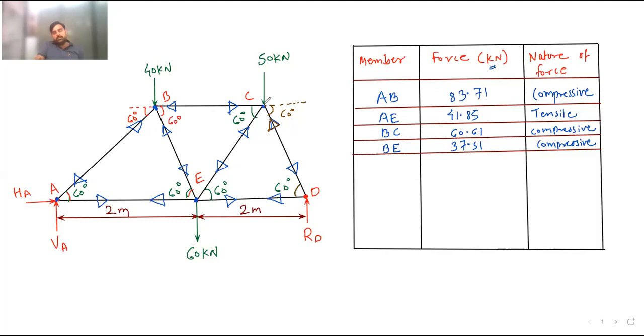Now here at point C, BC is over. Then CE and CD. Member CE and member CD. Let me know the values of CE and CD.